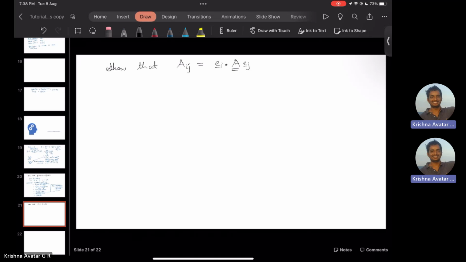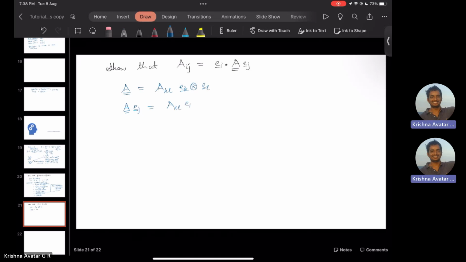Now here what we do is let's represent the tensor A as A_kl e_k dot product with e_l, and then let it act on e_j.